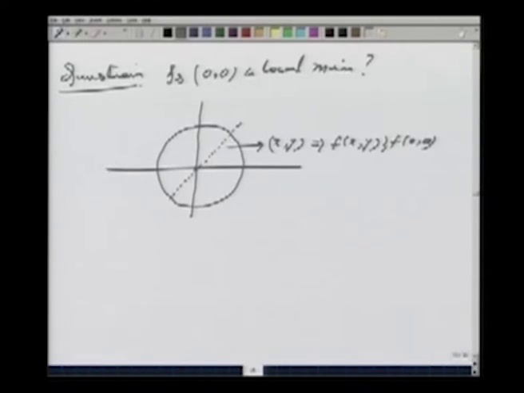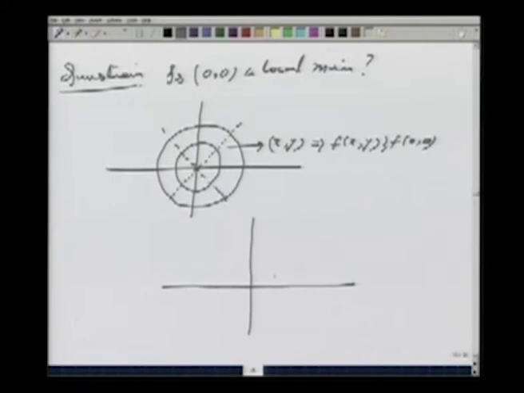Okay. If I take this other dotted line, then I might get another disk where f(0, 0) is less than all the points on the second dotted line. But the question is, is (0, 0) a local minimum?